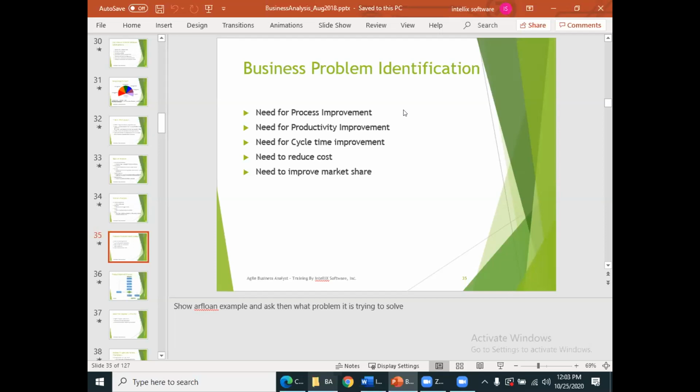And then the next one is productivity improvement. Cost reduction. Cycle time.